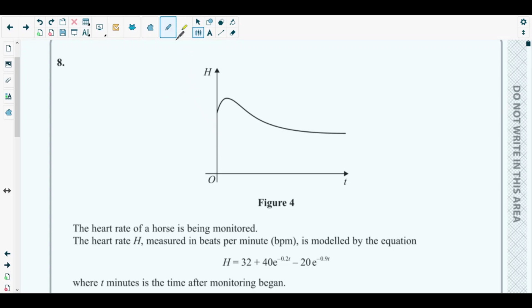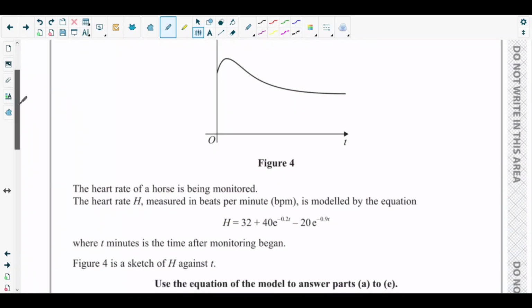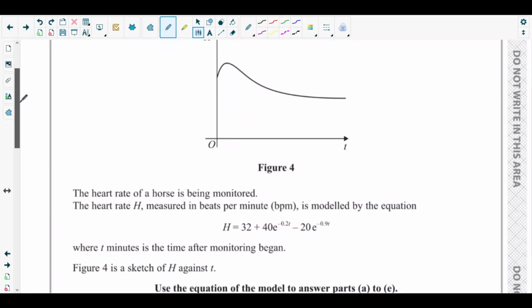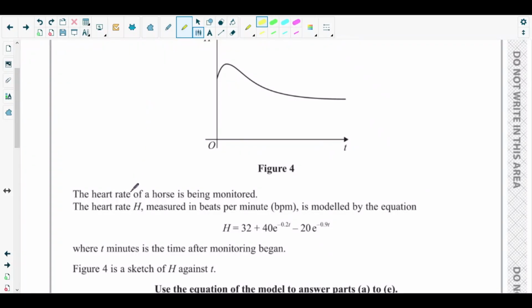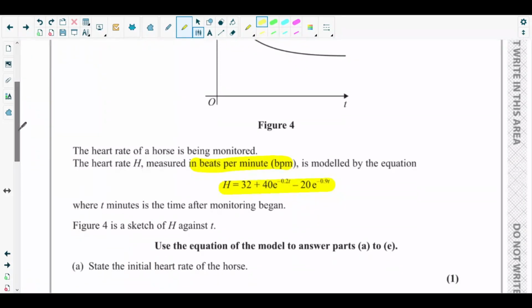Right at the beginning, you can see figure number 4. The heart rate of a horse is being monitored. The heart rate, measured in beats per minute, BPM, is modeled by the equation H equals 32 plus 40 e^(-0.2t) minus 20 e^(-0.9t), where t minutes is the time after monitoring began.